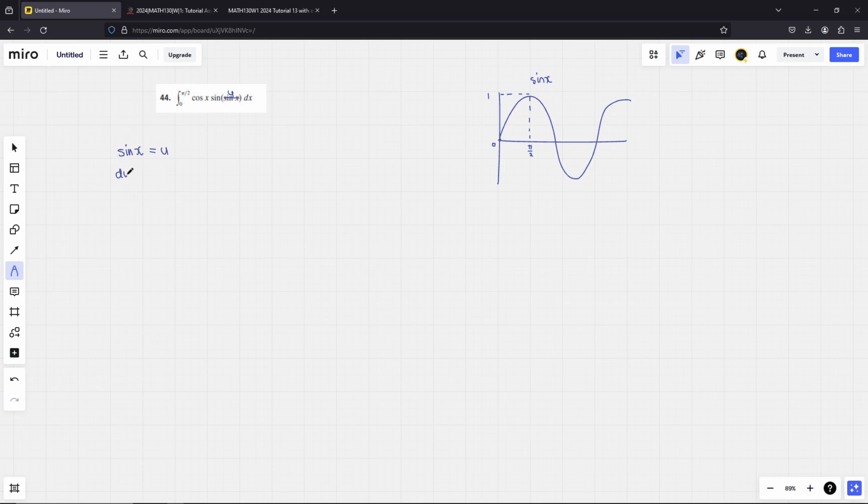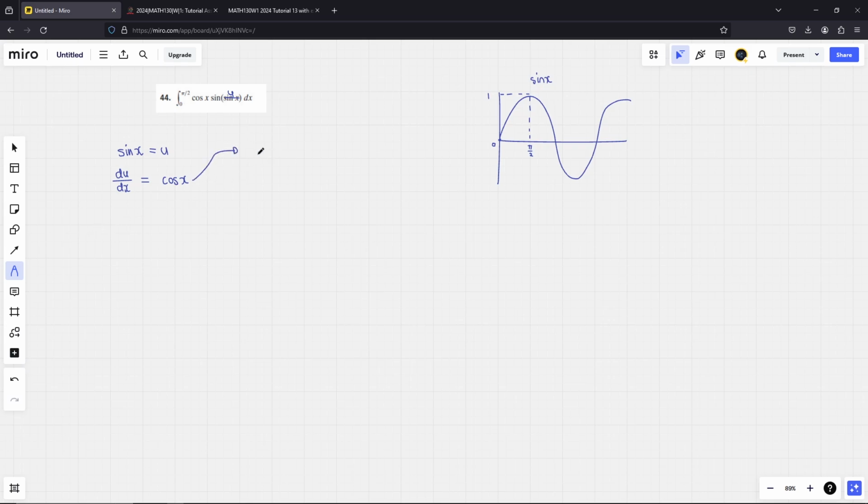So doing that, du by dx, taking the derivative of sine x, is just cos x. Now notice that we have a dx, and I want to get this dx alone, because if I can get dx alone, then I can sub this in and have it in terms of u.